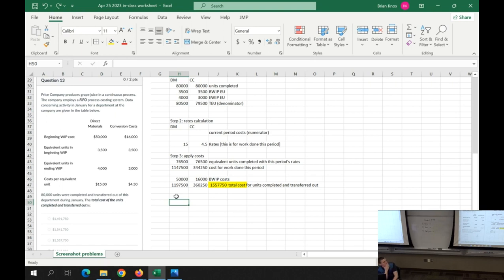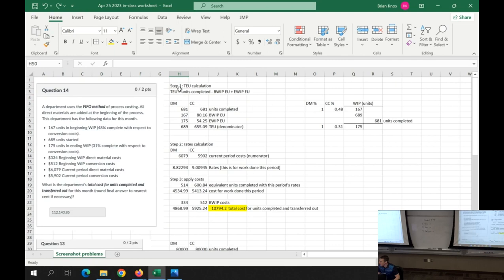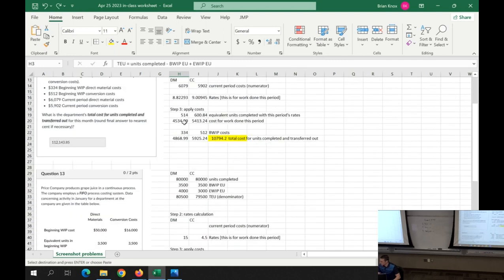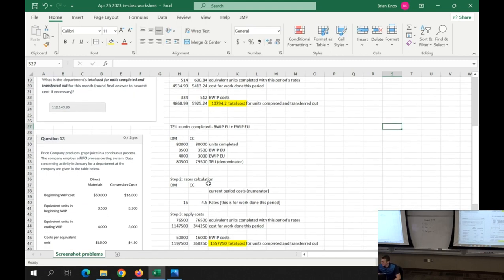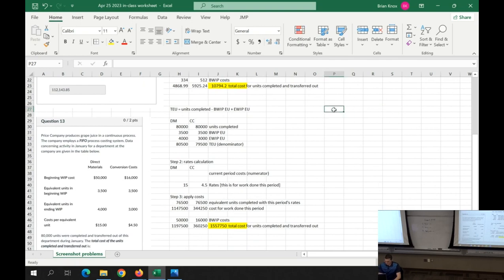For step one, TEU is just units completed plus ending WIP equivalent units, in weighted average, yes. And then step two, you just add beginning and current period costs and divide that by the TEU.